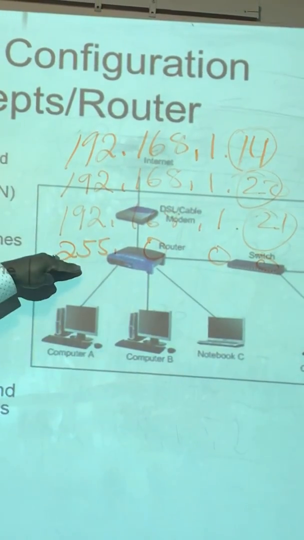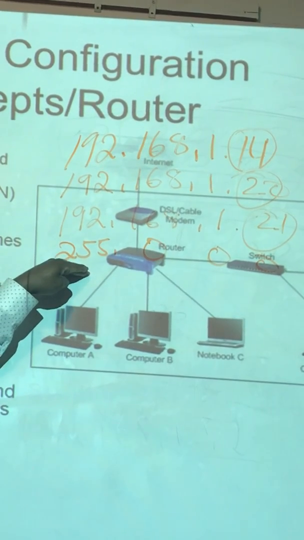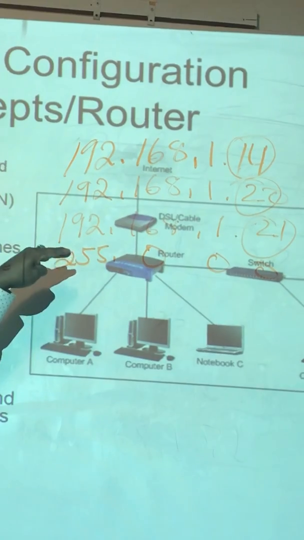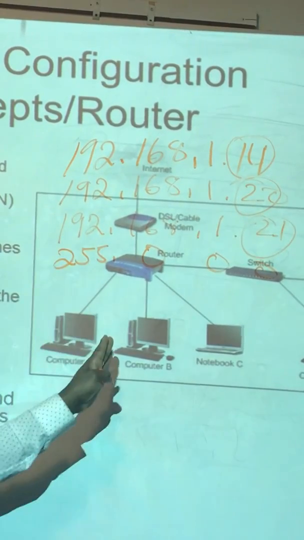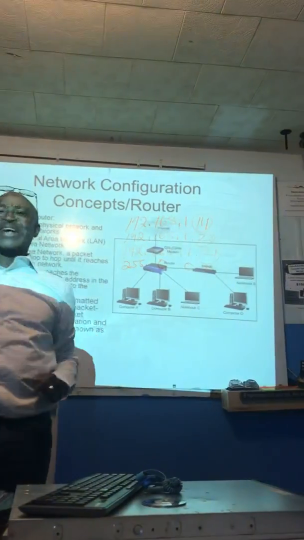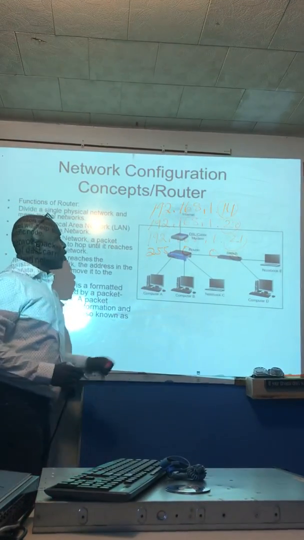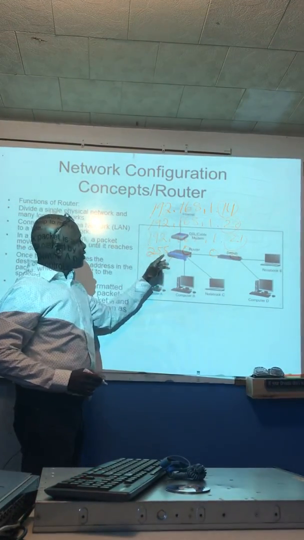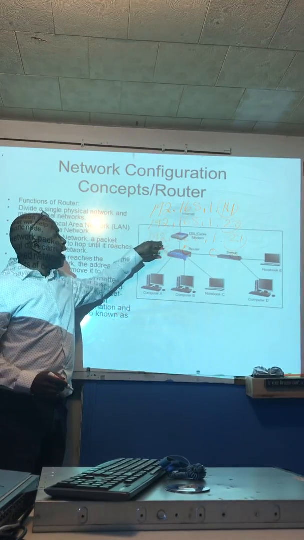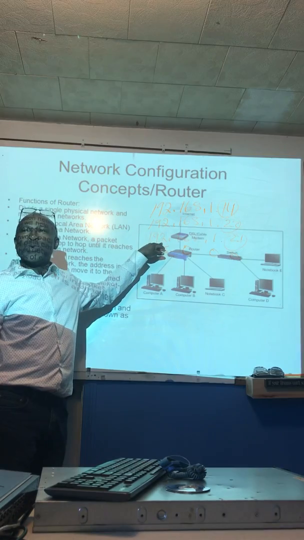The subnet mask is the technology that allows you to separate the network ID and the host ID. So in this case, with a subnet mask like this, I would say 192 is the network ID.